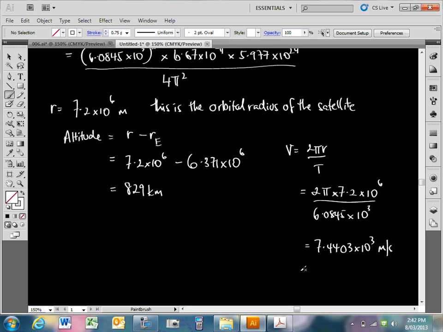That's our speed in meters per second. Times by 3.6 will give us kilometers per hour. 26,000 kilometers per hour. That's not far off of 8 kilometers a second.